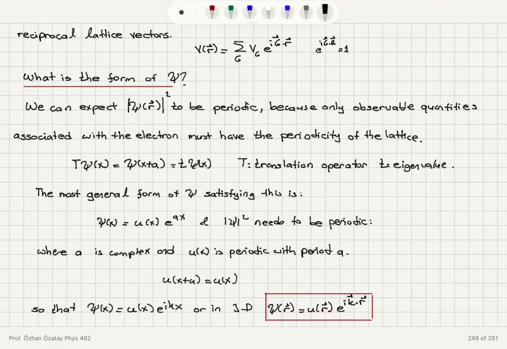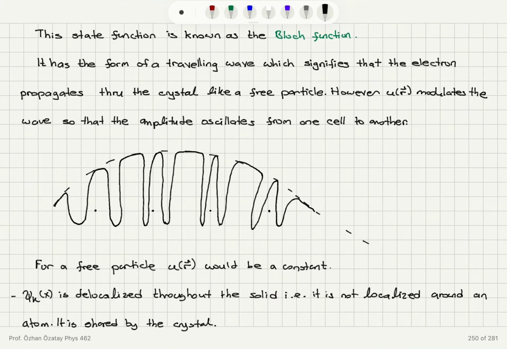So we can write this in the form of a plane wave multiplied with a modulating function u of x. So psi of x is equal to u of x e to the ikx, or in 3D, u of r, position vector, e to the ik dot r. So it's basically a plane wave that is modulated by this function u of r. This state function is known as the Bloch function.